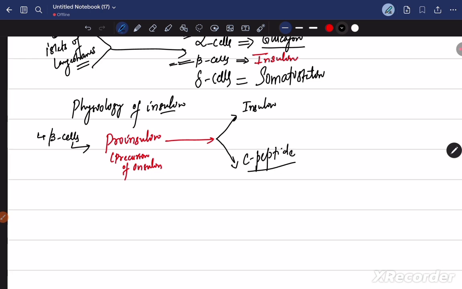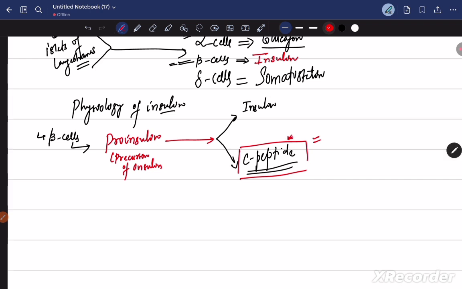Why am I discussing it here? Because this C peptide is important for the diagnosis, in order to measure whether there is a normal concentration of insulin produced in the canine and feline body, or a deficient concentration of insulin. So how does it determine the concentration of insulin?